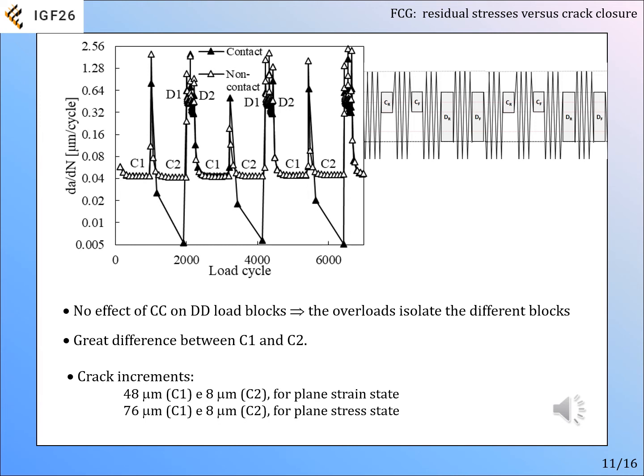In other words, the overloads are able to isolate the different load blocks. Once again, there is a great difference between C1 and C2 load blocks. The crack increments are 48 microns for C1 and 8 microns for the C2 load blocks under plane strain state.